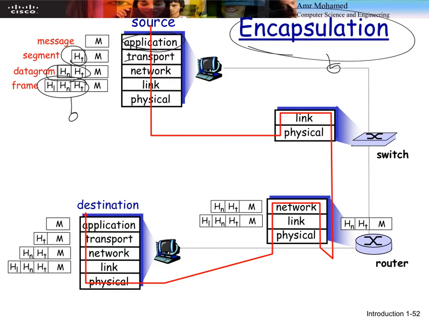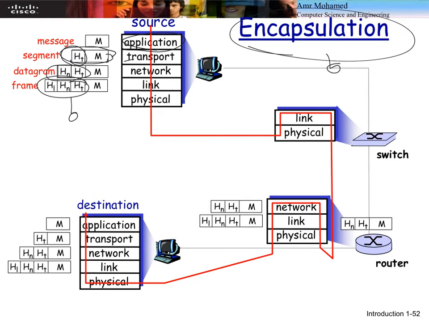So encapsulation talks about the fact that in each layer you have what we call protocol data units. A protocol data unit is a data unit which defines the information unit in a certain layer. For example, the protocol data unit in the transport layer is called a segment. A segment is the transport layer protocol data unit.